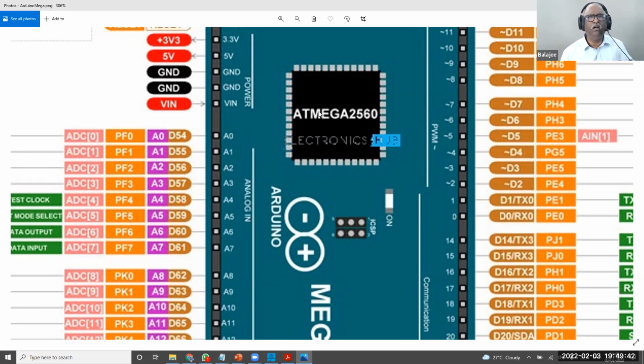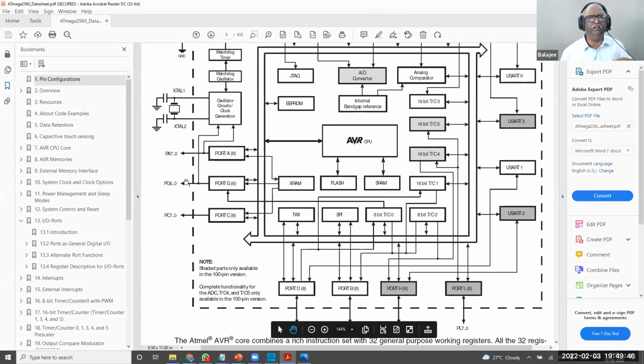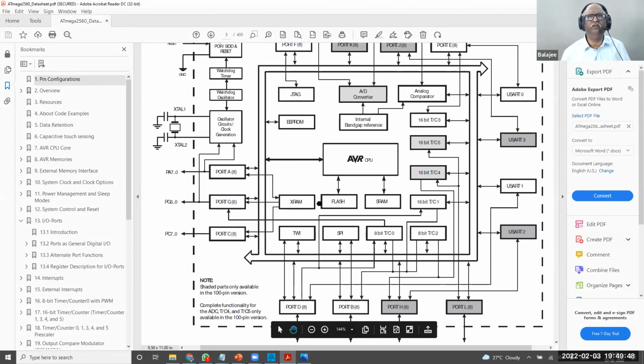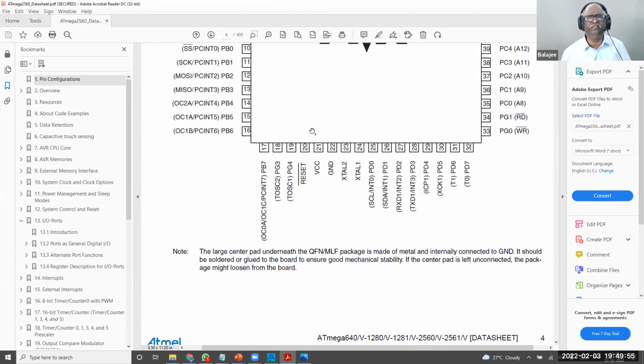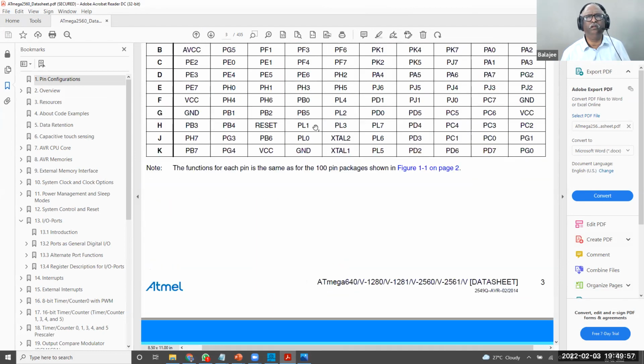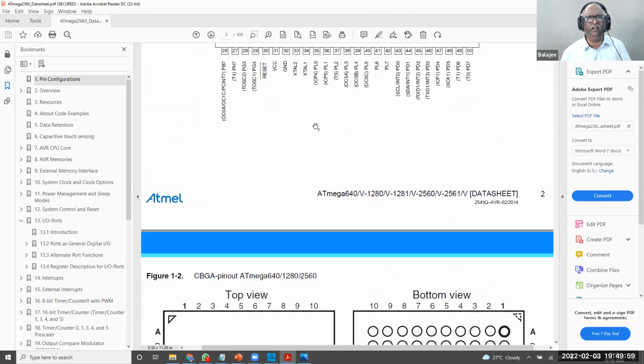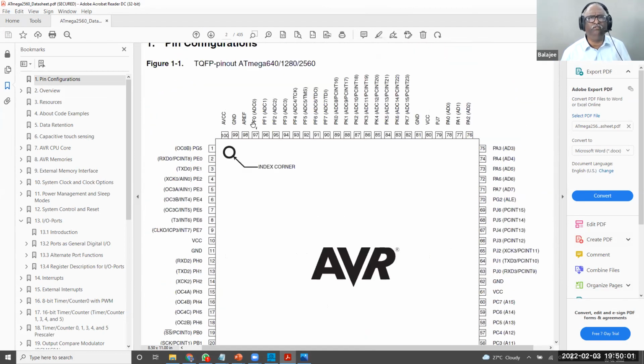Now this chip, I showed you a data sheet. I've compared the data sheet. There is a port called port F. This port F has 8 pins, which I've already shown you on the chip. See the chip here, we have seen the diagram. There is port F. See here, these 8 pins.